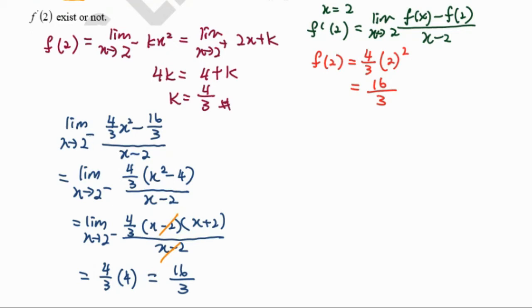Now we're going to calculate the limit for x approaching 2 from the right hand side. When x approaches 2 from the right hand side, the function selected will be 2x plus k, where k is 4 over 3. Then minus the point f(2), here 16 over 3.